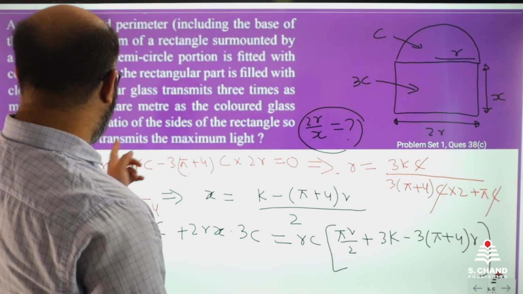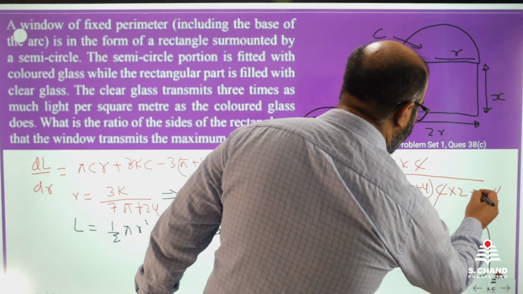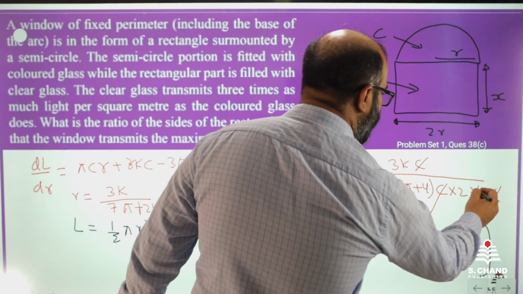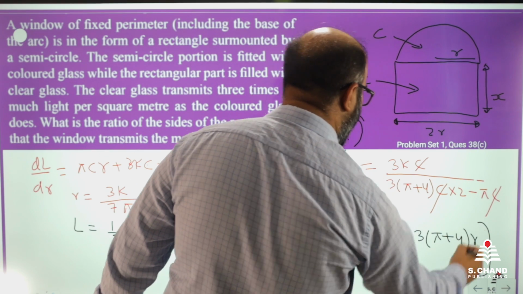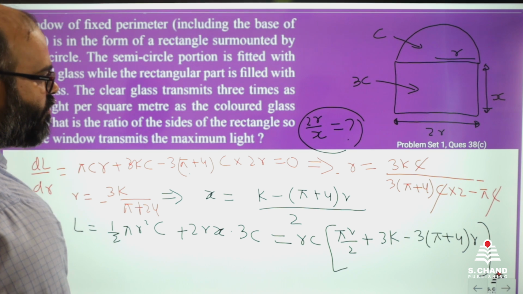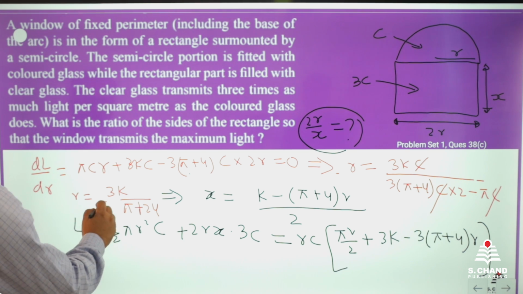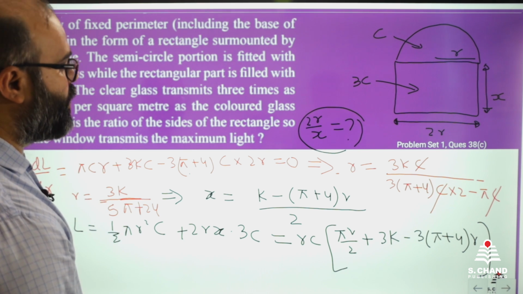So when you take it there, this will become plus and this will become minus. So this is actually not plus, let me erase that part. This is minus. So this will become not 7 pi, it will become 5 pi plus 24. So r will become 3k by (5 pi plus 24).